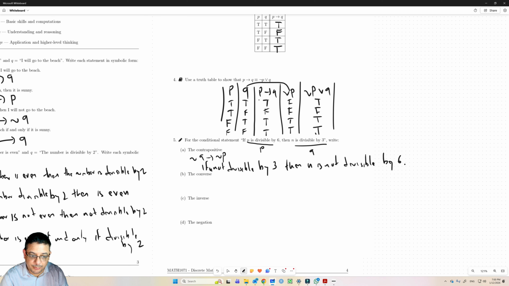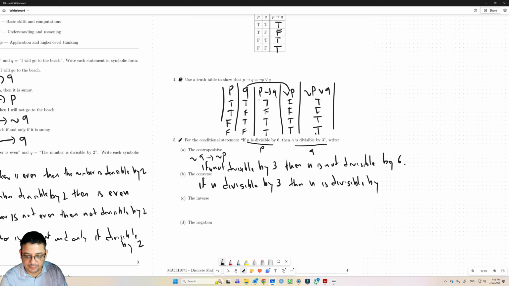The converse will be: if n is divisible by 3, then n is divisible by 6. And of course, this is a Q implies P type of argument.